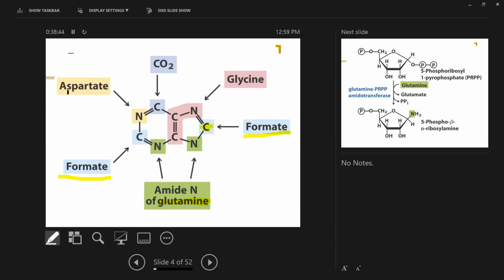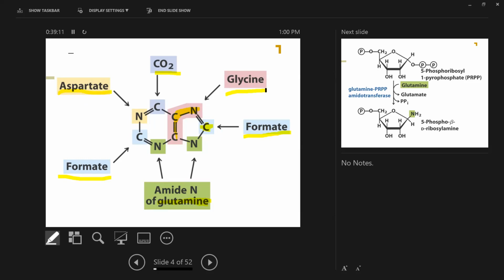This nitrogen comes from aspartate, and this one here comes from CO2. So this piece here comes from glycine. And that's essentially how you're going to make this puppy.